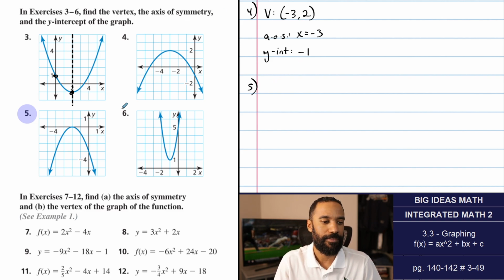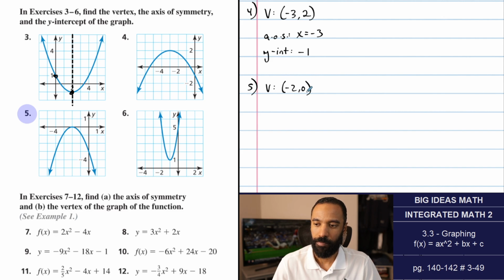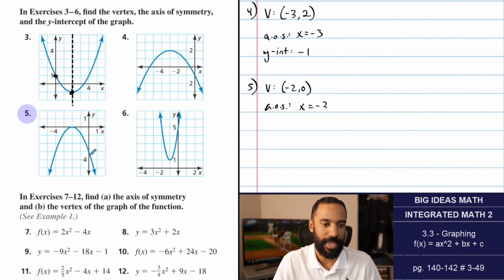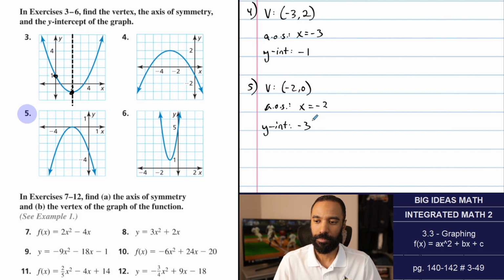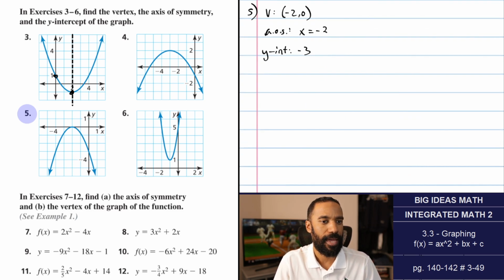Number 5, we have the vertex this time at (-2, 0), and it's a maximum. The axis of symmetry is at x equals -2, and the y-intercept looks like it's at -3 this time. So the y-intercept is -3. Okay, pretty quick problems. And number 6.